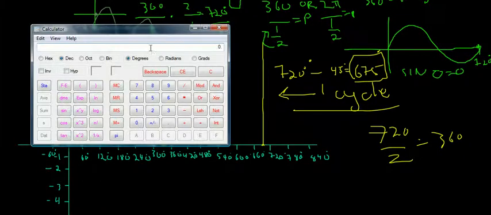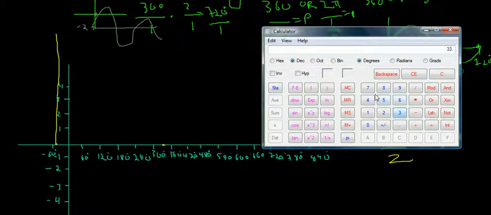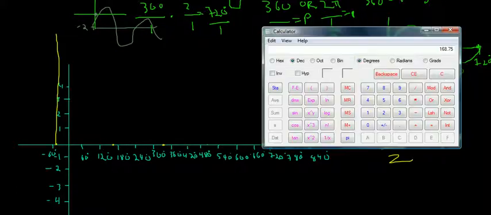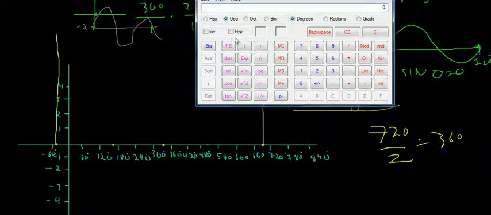So what's half of these two? We have 337.5, and divided by 2 should give me 168, which is around here. That'll be my midpoint, and it seems about right. It looks like the middle.